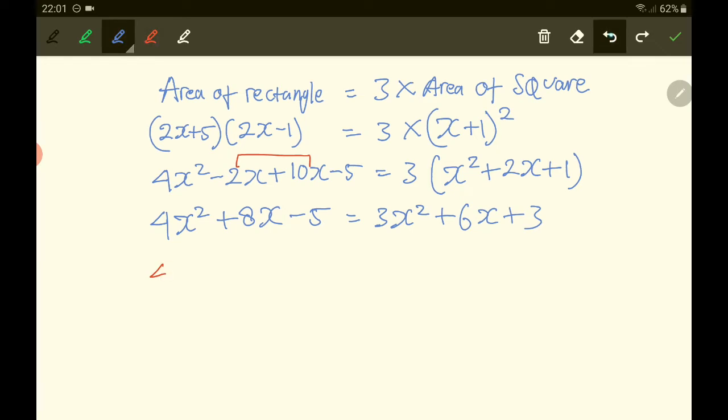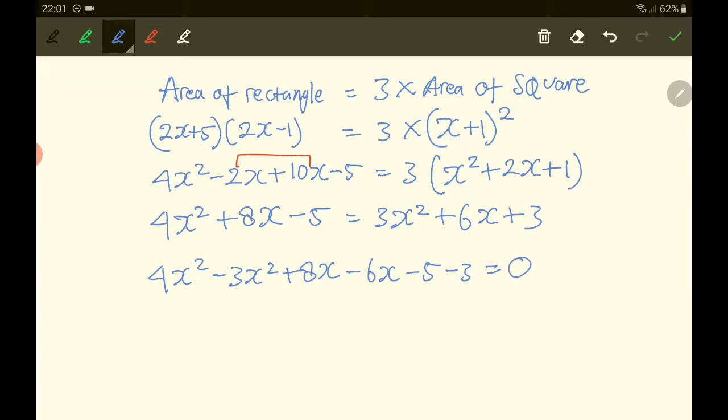So 4x squared, and then 3x squared on the right becomes minus 3x squared on the left, and then here still plus 8x, and then 6x on the right moves to the left and becomes minus 6x, and then minus 5, and then 3 becomes minus 3, equal to, now on the right there is nothing, means equal to 0.